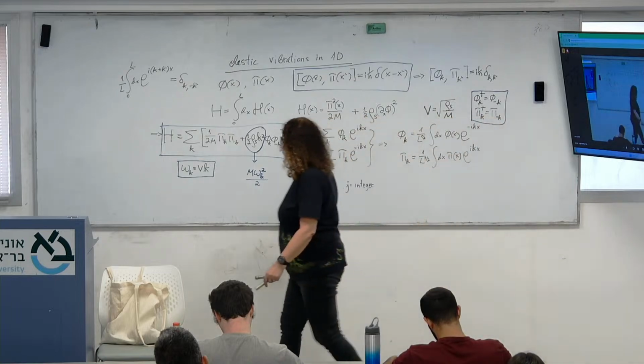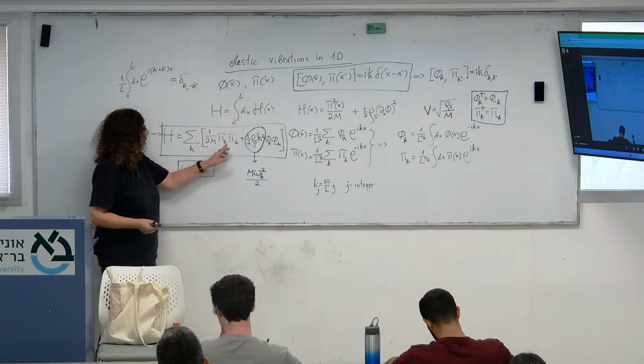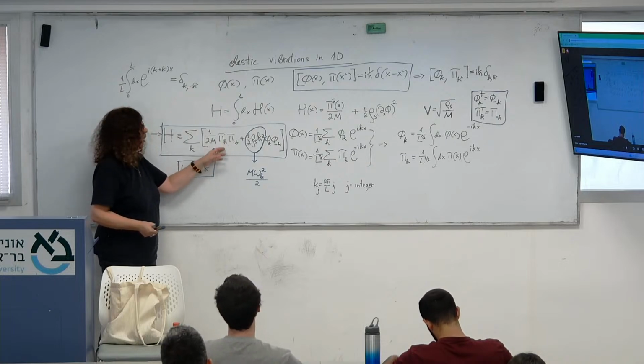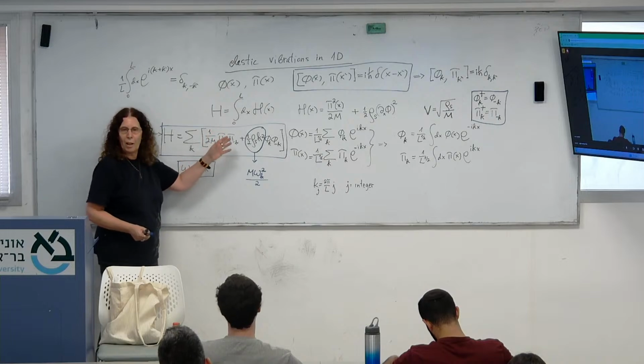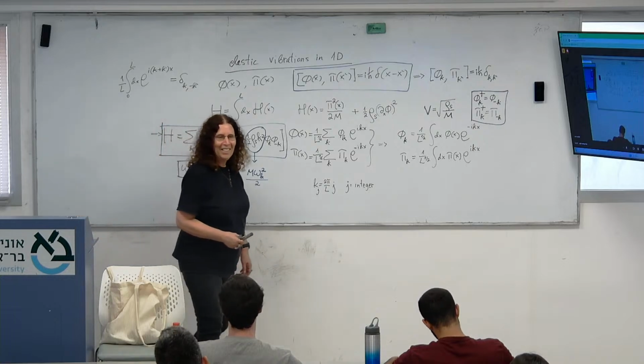And it actually suggests that there's a different way where I could write pi dagger pi of x, right? Which already should remind you of something.